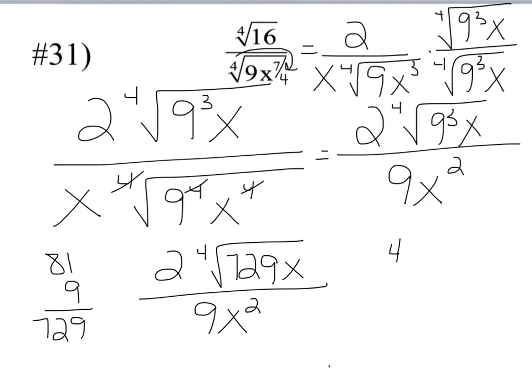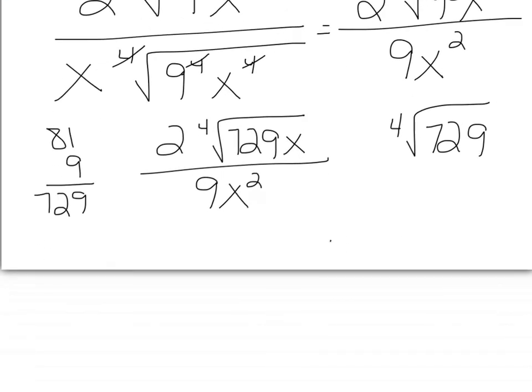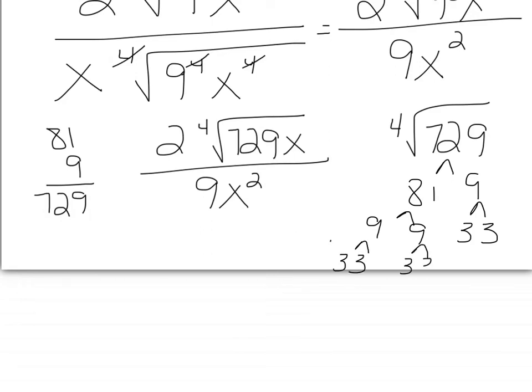So let's see what the fourth root of 729 can do for us. 729, as I just showed over here, can be broken down into 81 and 9. 9 can be broken down to 3 and 3. 81 can be broken down to 9 and 9. And the 9s can be broken down to 3 and 3.